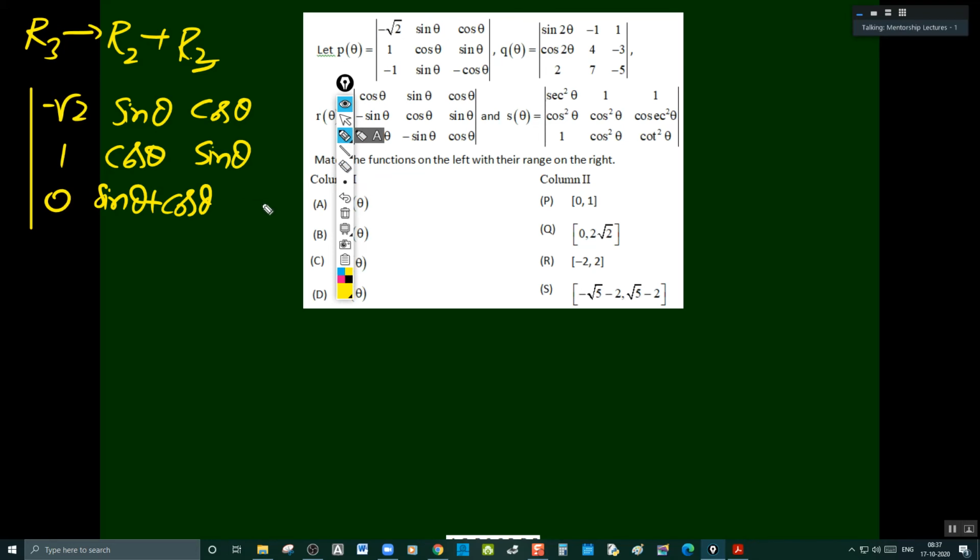This is sin theta minus cos theta. Now you can find out the determinant, please.